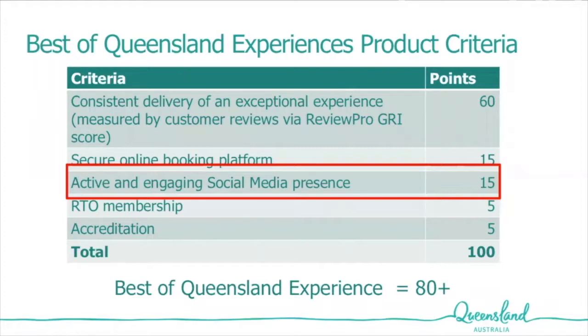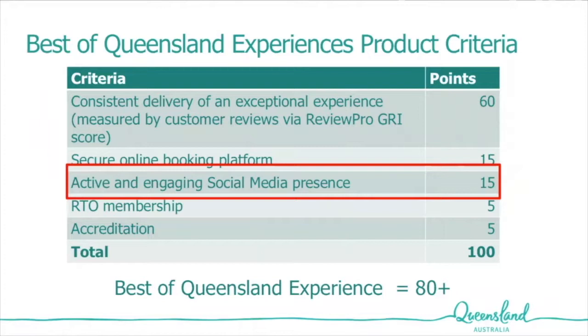And if you are over a certain benchmark, so if you're scoring pretty well in there pretty consistently, maybe over an average of 4 stars, but it's all in the algorithm to work it out, then you will get 60 points. And you need that 60 points to qualify for this program, the Best of Queensland program, because it's so weighted to reviews.